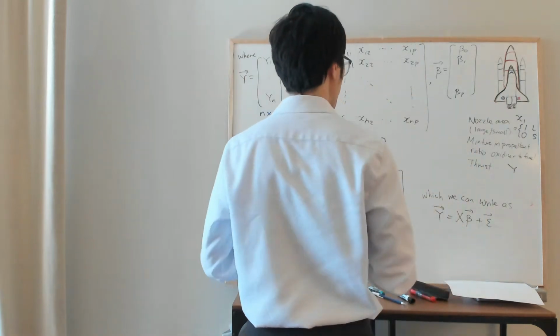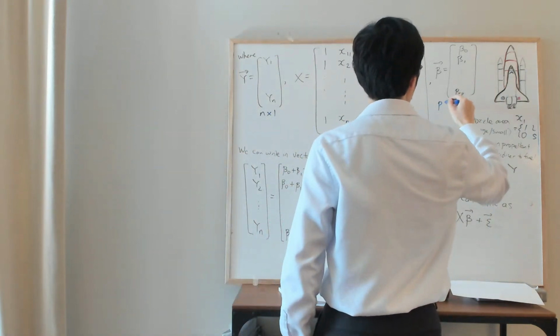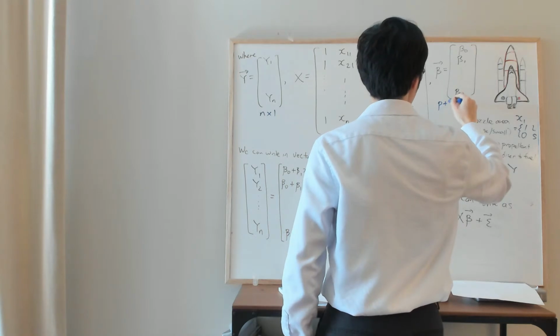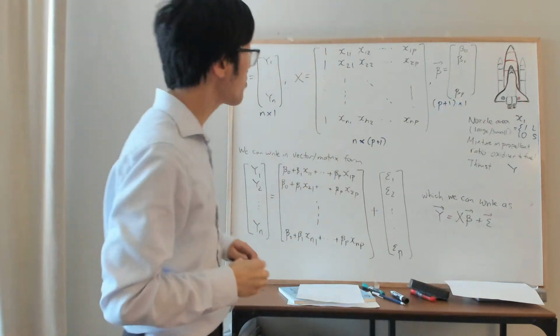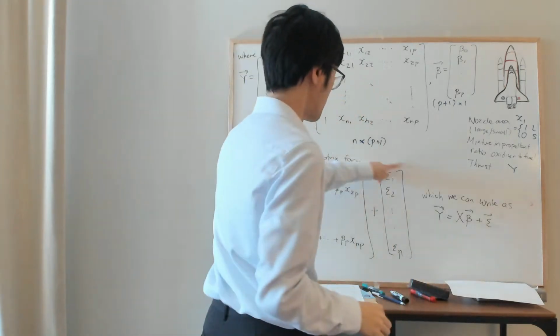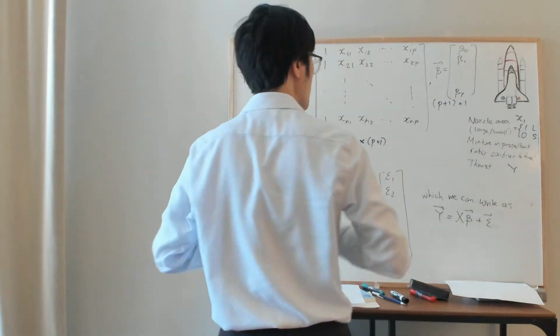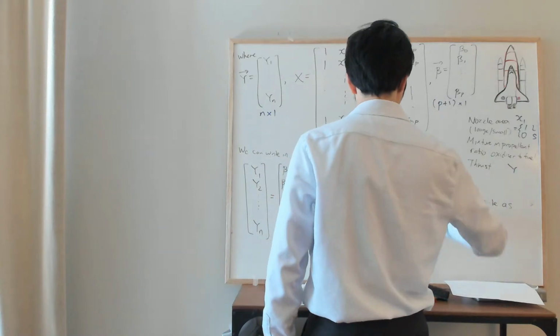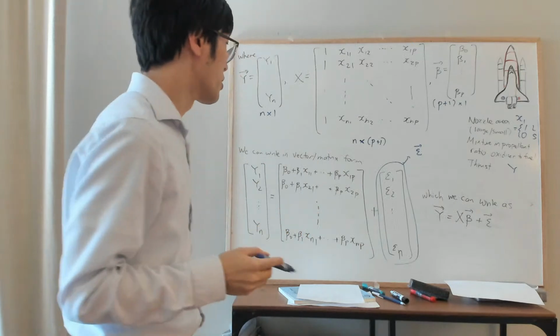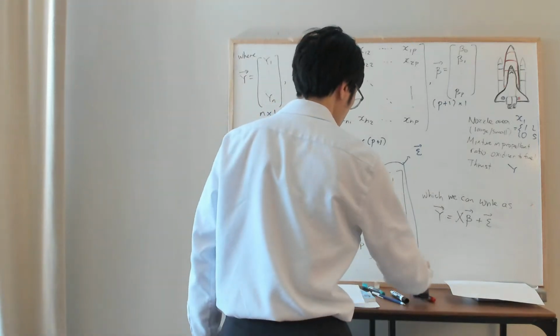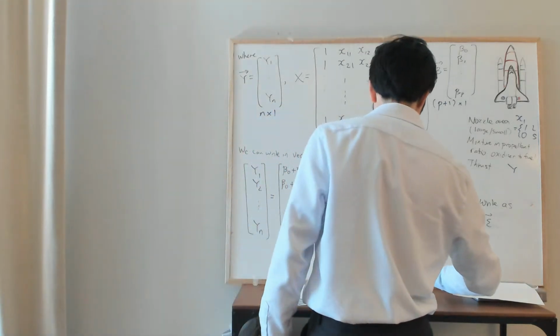This one is p plus 1 by 1 in dimensions. And then epsilon is just this part, the vector of errors, which is n by 1.